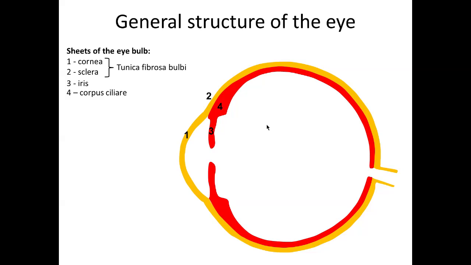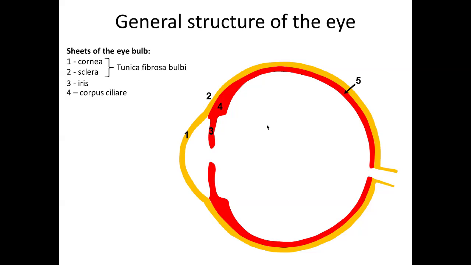It is a similar name, but there is nothing in common between the externally located lashes on the eyelids and the corpus ciliare, which is inside of the eyeball.